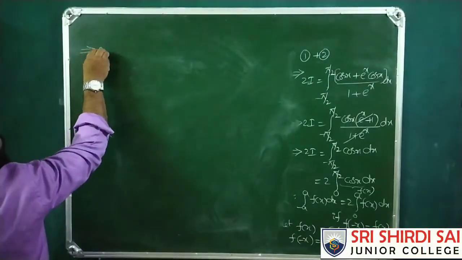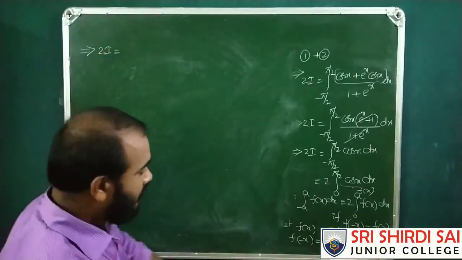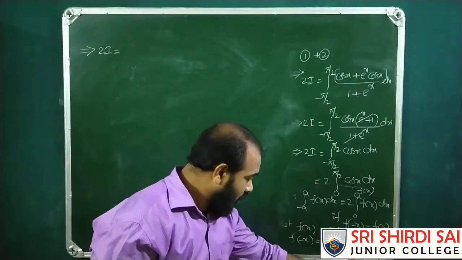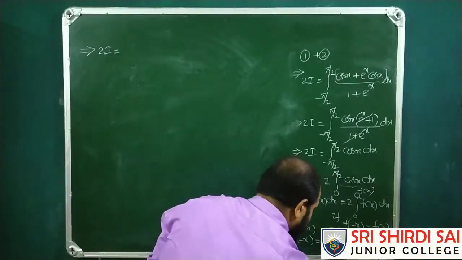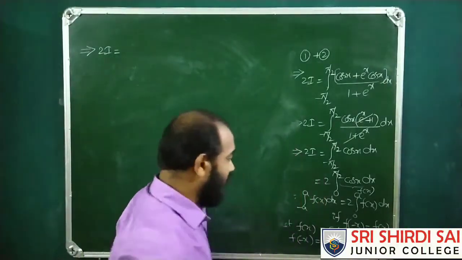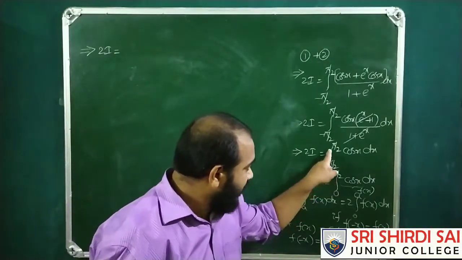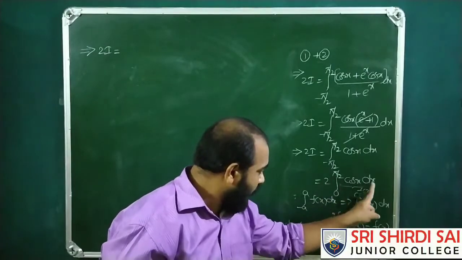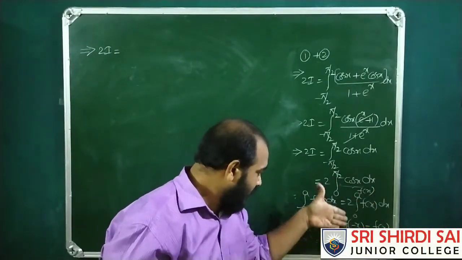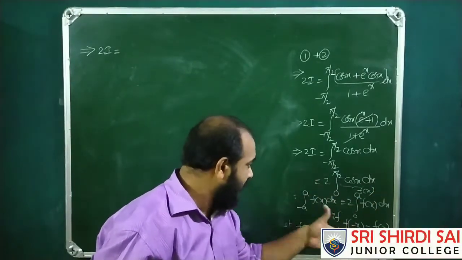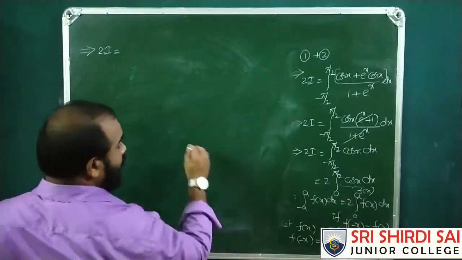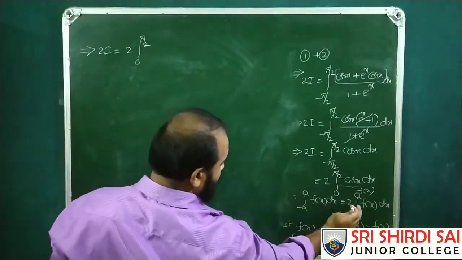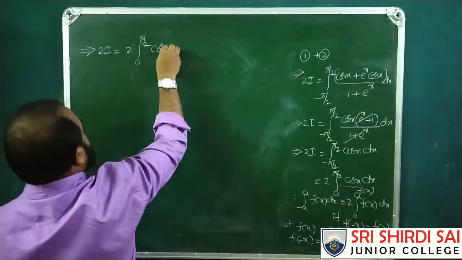That implies 2I is equal to, so therefore since f of minus x equals cos x, which is f of x, therefore integral minus a to a f of x dx equals 2 integral 0 to a f of x dx we can write, because this is the explanation for that. So 2I is equal to 2 integral 0 to pi by 2 cos x dx.